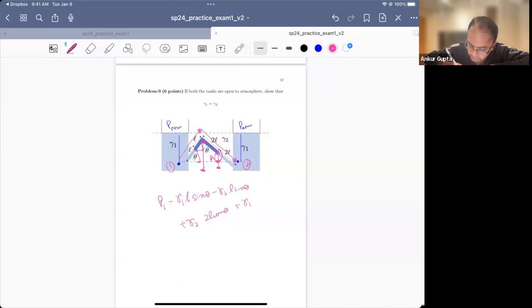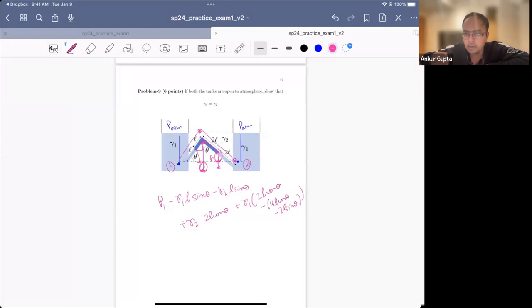I can calculate this height. I can calculate and subtract the 2L sine theta from this longer height, 4L cos theta, and then subtract from 2L cos theta. Okay, so it's a little bit tricky. So think about it. If the geometry is not clear, let us know. But this is 2L cos theta minus of 4L cos theta minus 2L sine theta. Okay, so this is essentially what's going on.